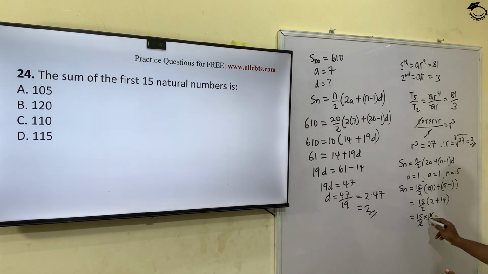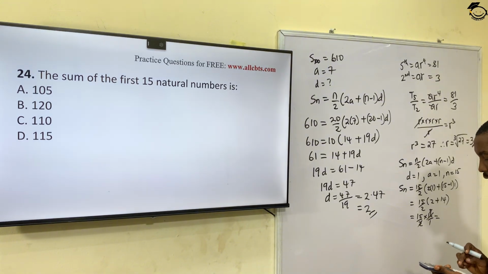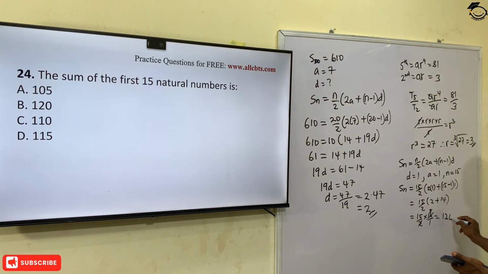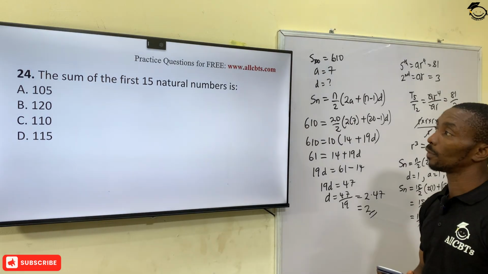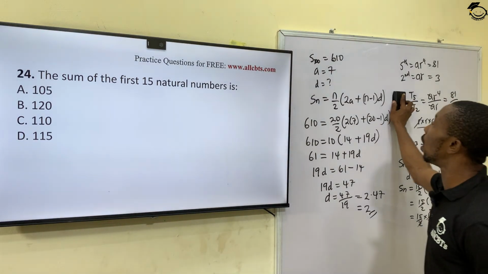So this gives us 8, so this will give us 15 times 8, which would give us 120. So the sum of the first 15 natural numbers would be 120.